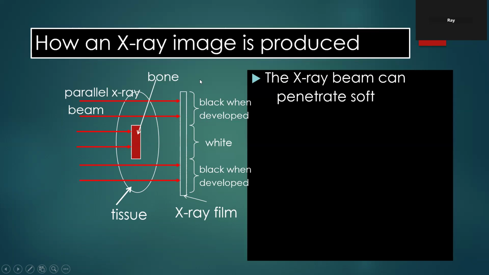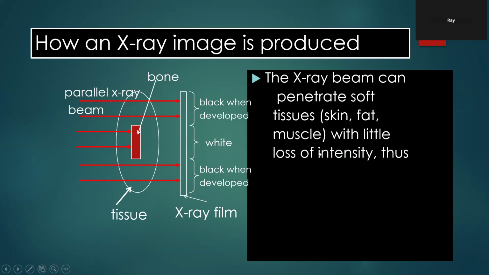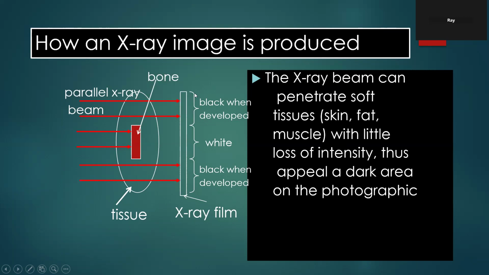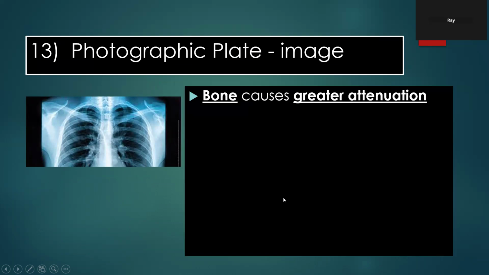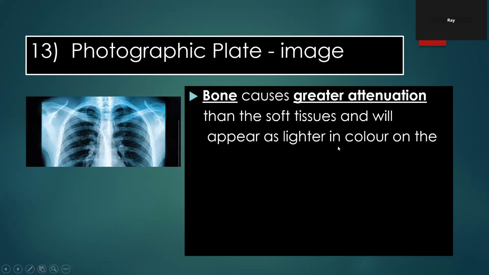X-ray beam can penetrate soft tissue, for example skin, fat, muscle, with little loss of intensity. Thus they appear as dark area, black, on the photographic film. Bone causes greater attenuation, loss in amplitude or loss of energy, than soft tissue, and will appear lighter in color.